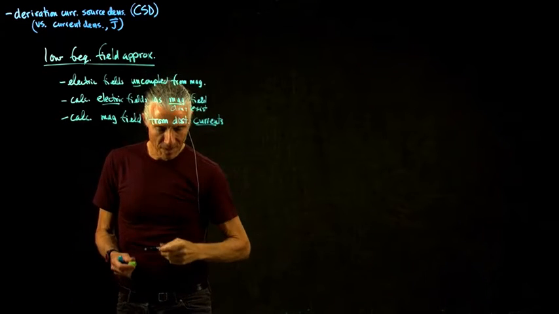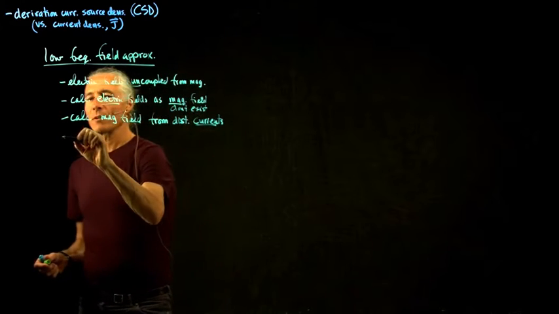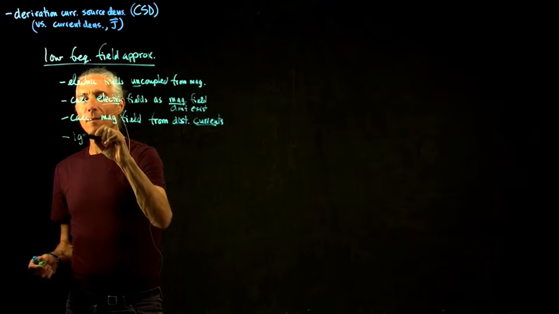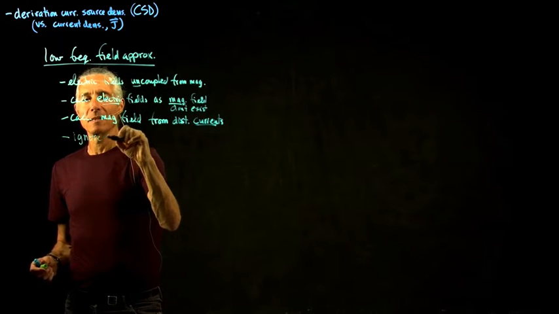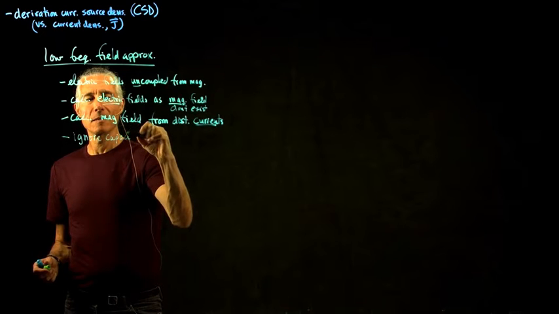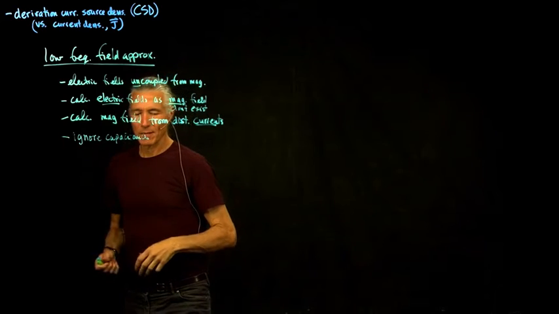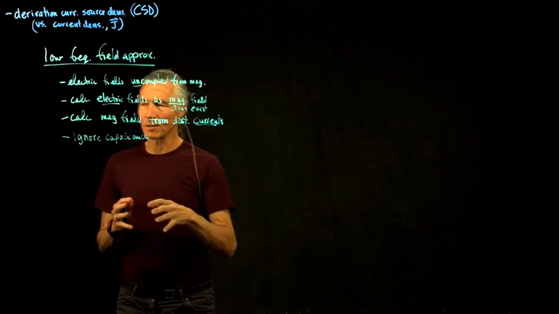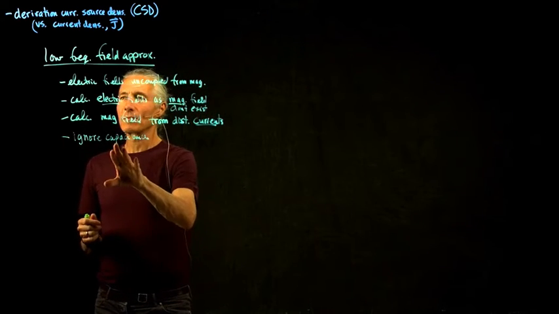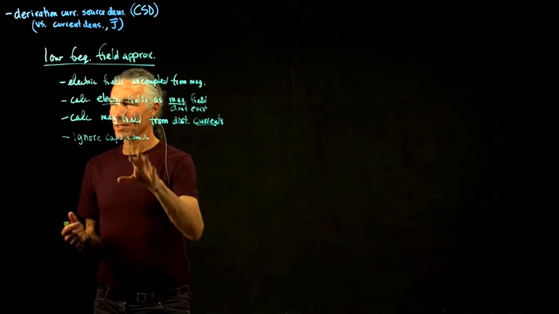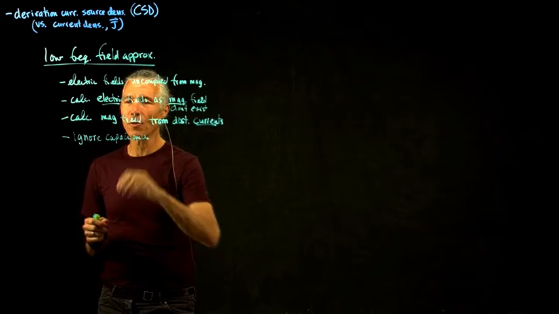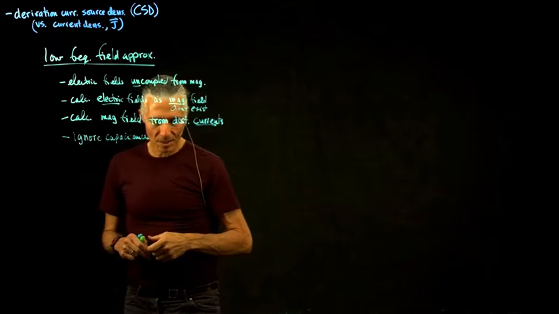So that simplifies. And then the other thing we do is we'll also ignore capacitance. Capacitance is the ability to store charge. So there's a little capacitance in the head, but we'll just ignore it. And this whole thing will make our life much simpler.